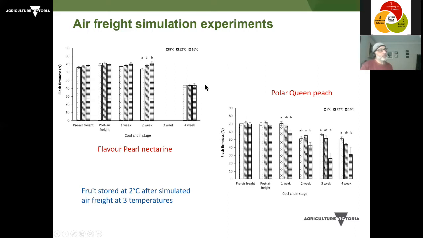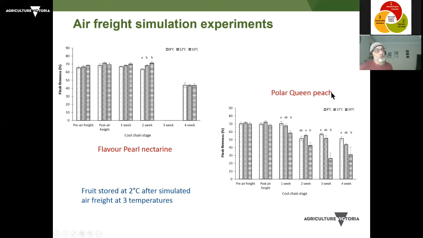This demonstrates how important it is to do these air and sea freight simulation experiments, because sometimes the results are surprising and counterintuitive. For Flavor Pearl, that 24-hour period of higher temperatures has very little impact during subsequent storage.